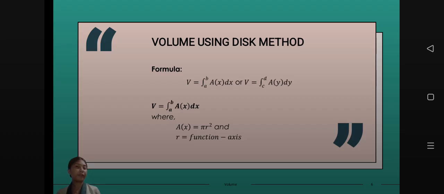So to solve for the volume, we already have the values. R is equal to y minus 0, which is equal to y. And the width is equal to sine inverse of y plus pi minus sine inverse of y, which is equal to negative 2 sine inverse of y plus pi.